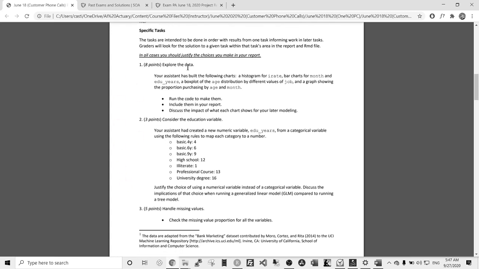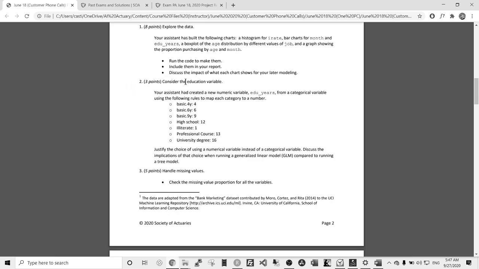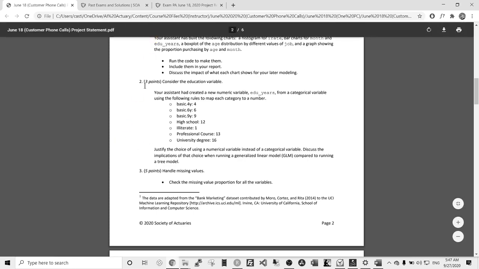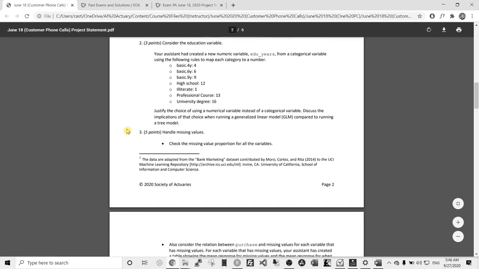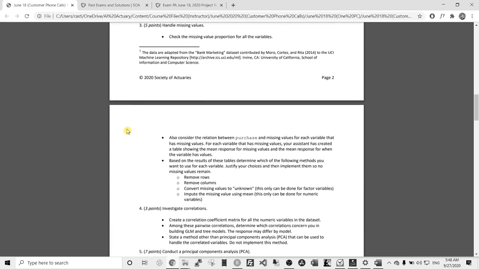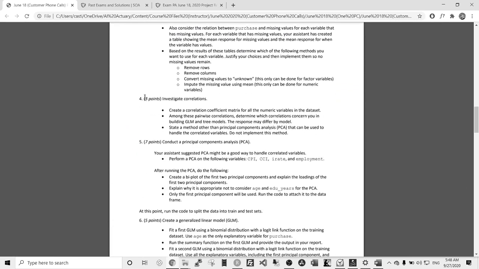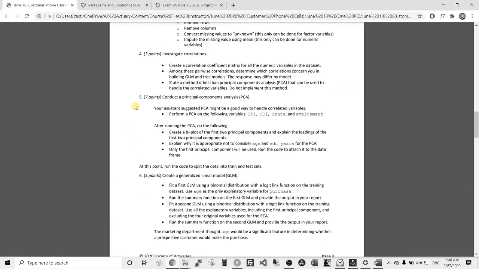I see 8 points, explore the data, 3 points, consider the education variable, 5 points, handle missing values. So I see that's 8, 9, 10, 11, 16 points just on the first 3 data manipulation questions, 3 points on correlations, and then 7 points on PCA.